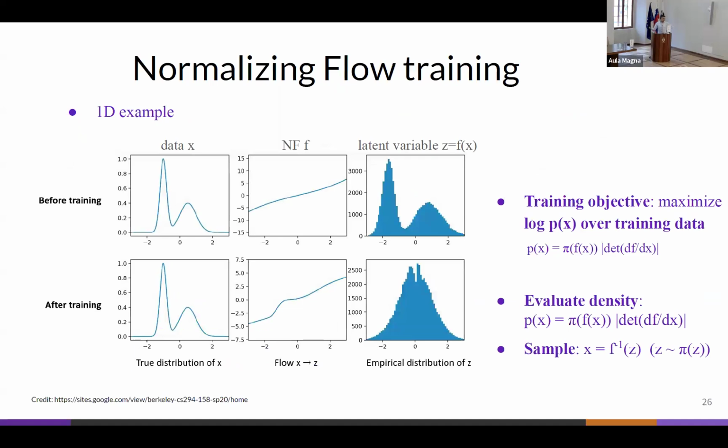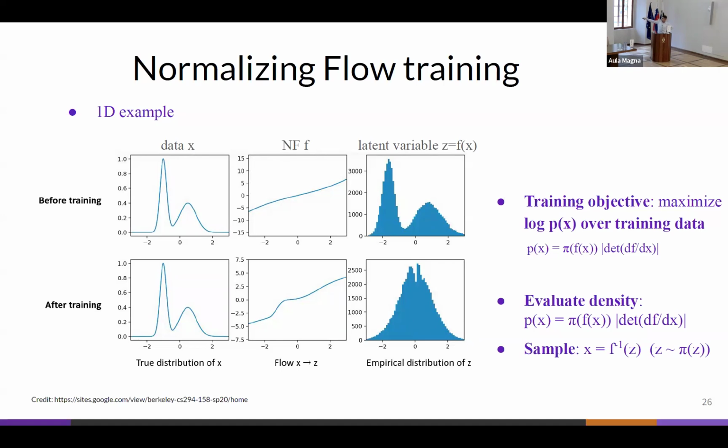Okay, how do we train it? This is maximum likelihood training. Basically, you want to maximize the likelihood over the parameters of your network, with which you parameterize your normalizing flow. So, a simple example: let's say you have this map F, and your data looks like this, and you want to map this to a Gaussian.